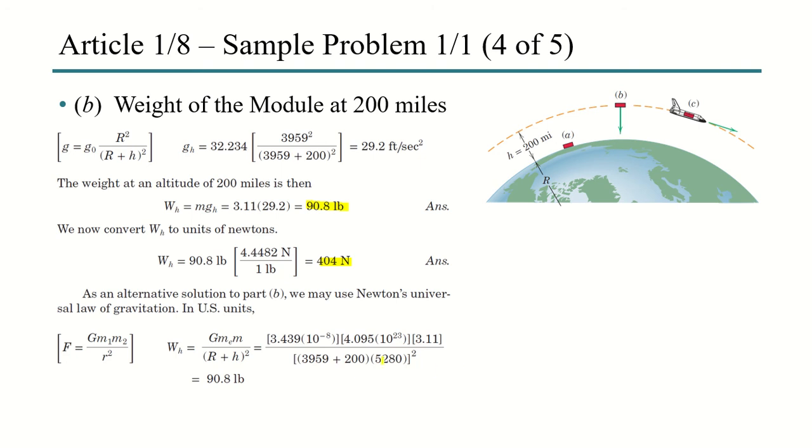So you have to express this also, converting miles into feet. One mile is 5,280 feet. When you do the calculations here using your calculator, we get this result. So we got the same result as here.